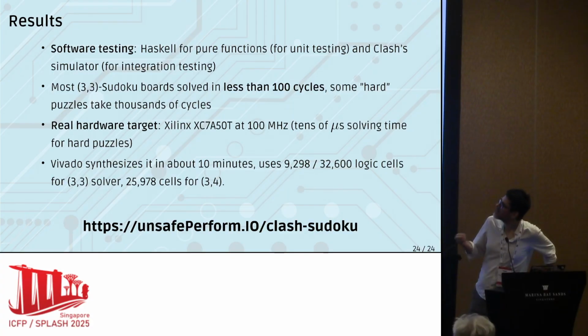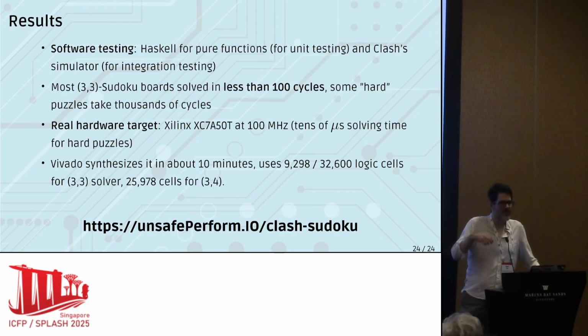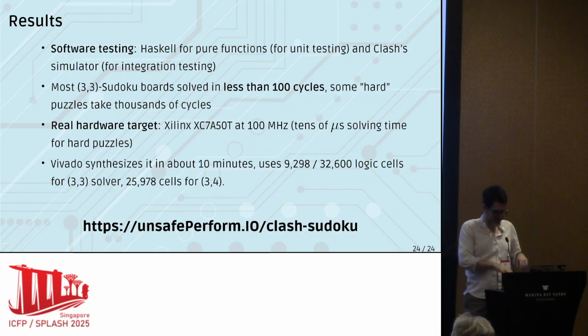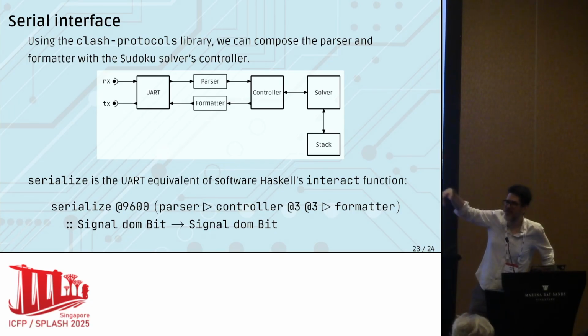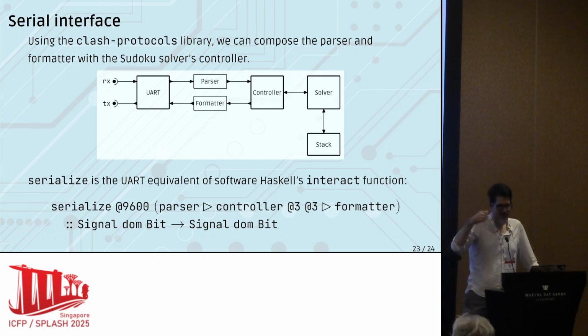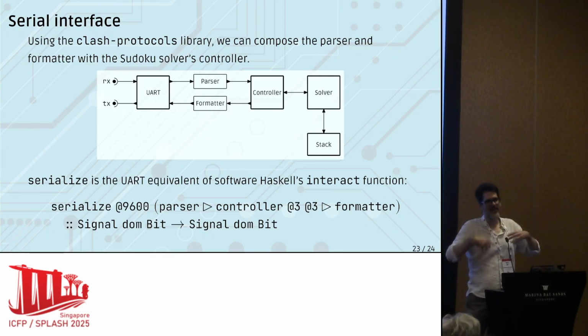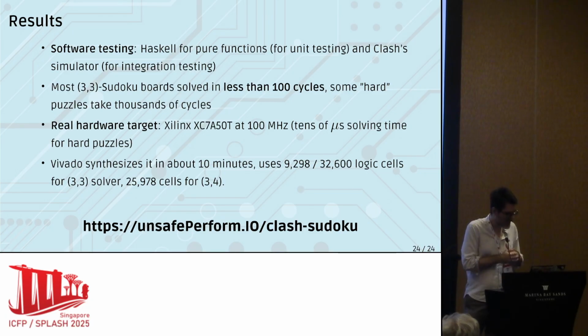And Clash has a simulator which you can use to do the integration testing. So if you want to include all these other parts in your testing, you can do that because Clash basically gives you a way of running or simulating a signal cycle by cycle, and you can even do it interactively in I/O and then feed in the inputs and so on and so forth.